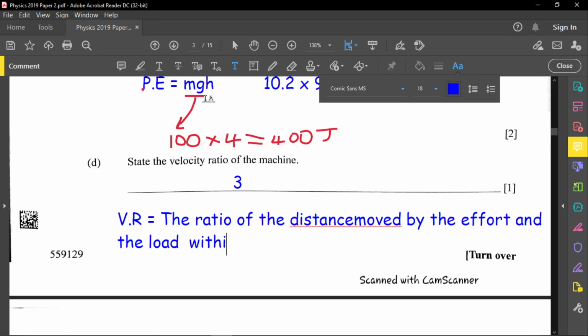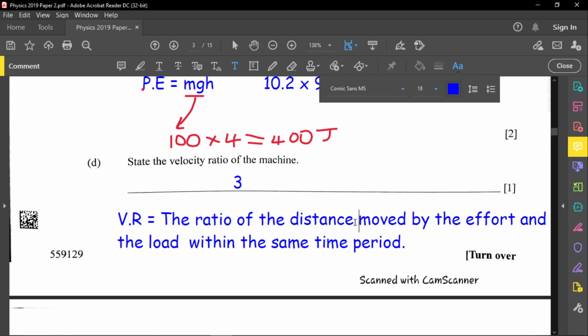So they're moving at the same time. And so it's a ratio between the distance moved by the effort versus that of the load within the same given time. So that's what we call velocity ratio.